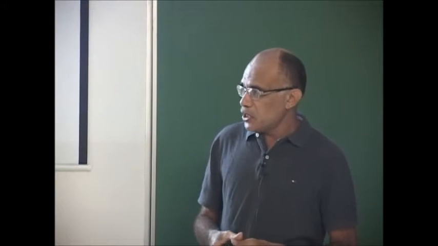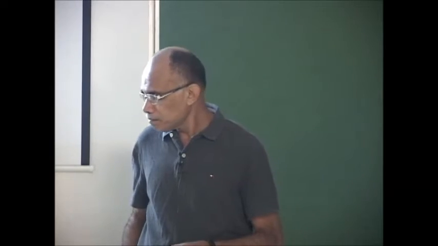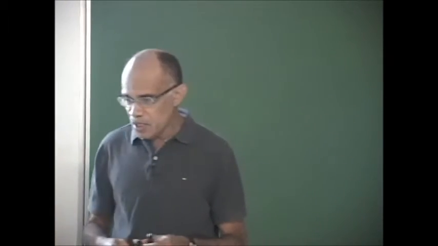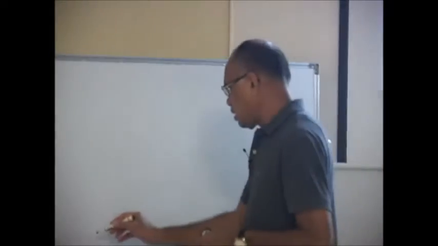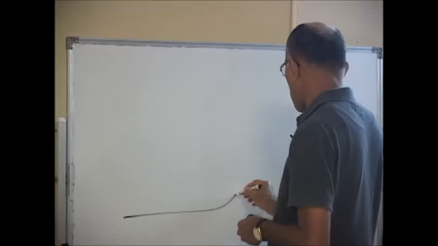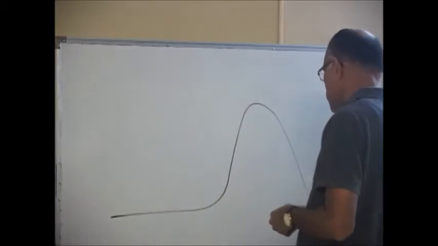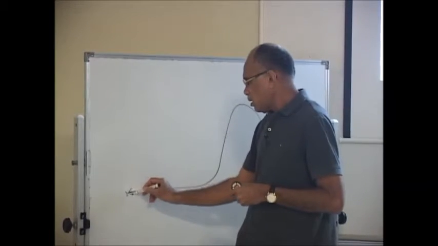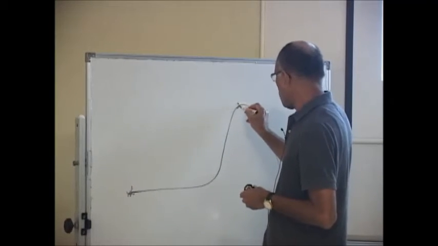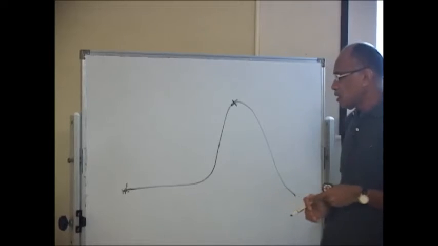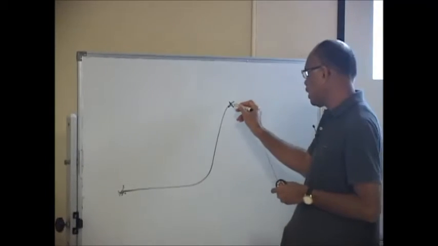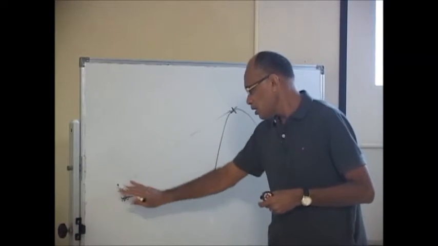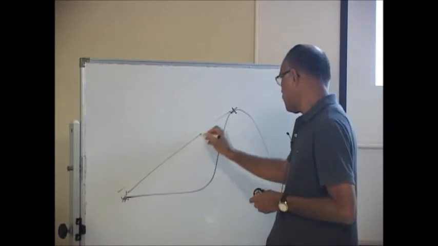Another way of illustrating state function and path function is to look at the height, the elevation of a hill. The distance from the ground level to the top of the hill is constant.